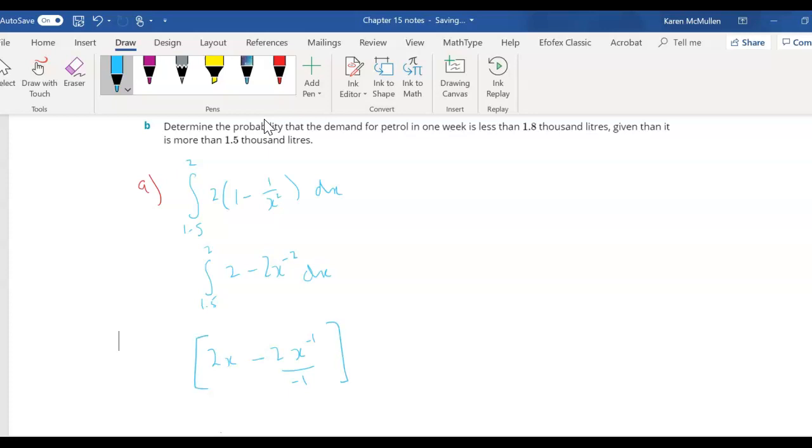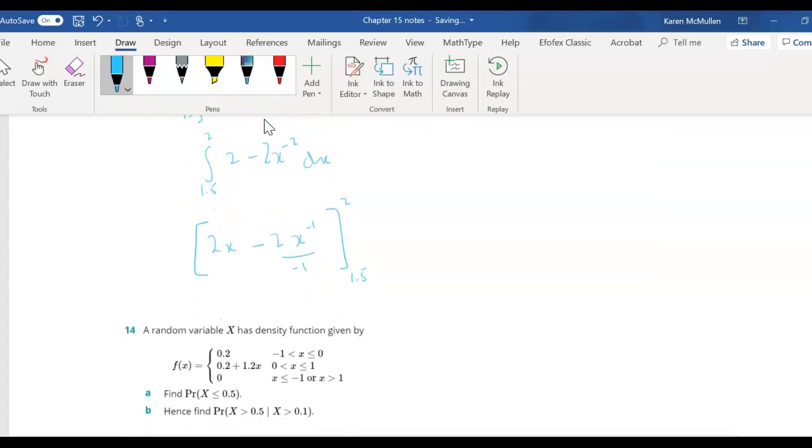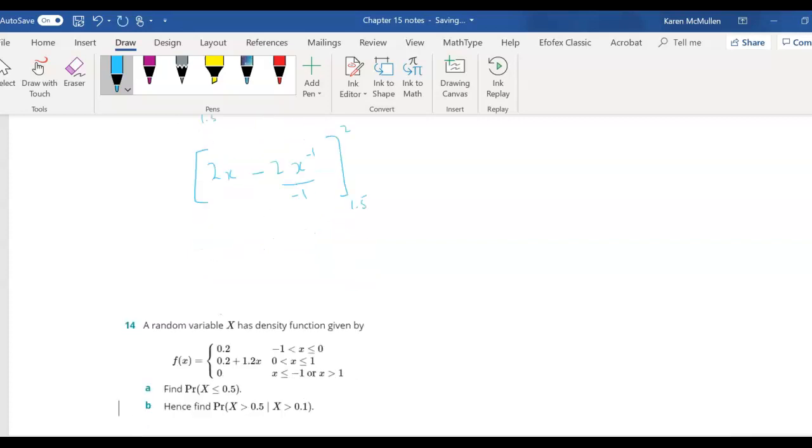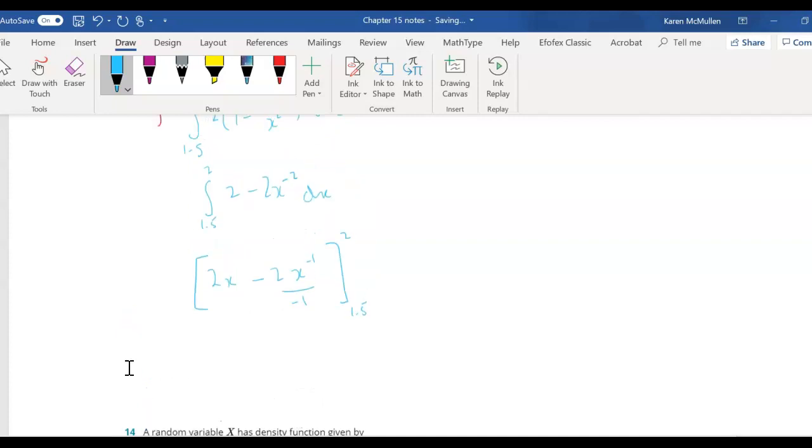All right, I'll tidy that up in a second. So 1.5 and 2. All right, so we've got 2x, then it's going to be plus, and then 2 on x. And then we're going to 1.5.